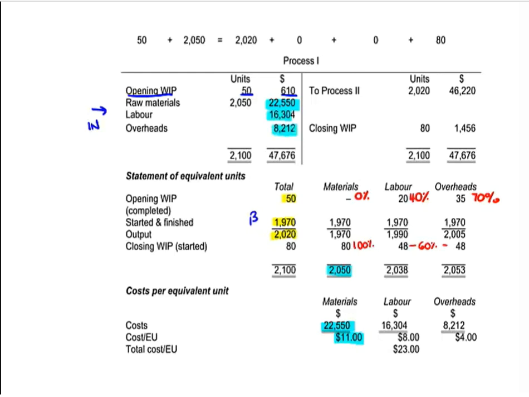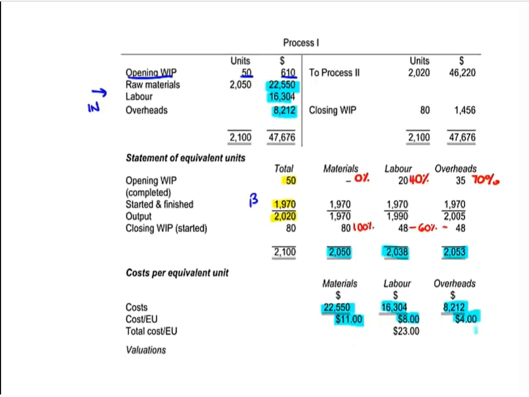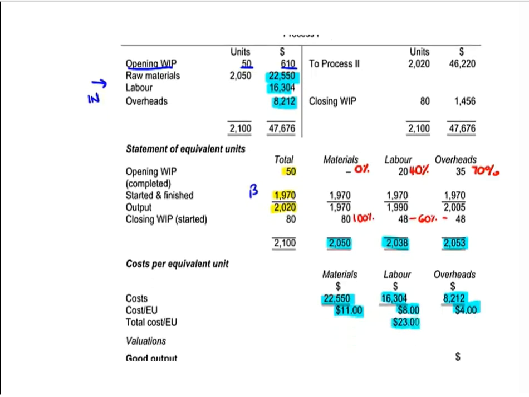And for labour and overheads, we'll take these costs from the process accounts and divide them by the number of units to give us $8 for labour and $4 for overheads. So the total cost for a good equivalent unit of output is $23.